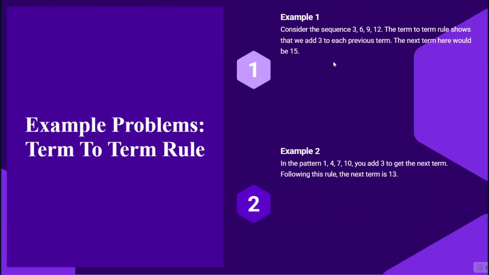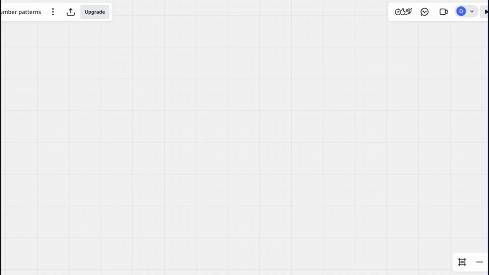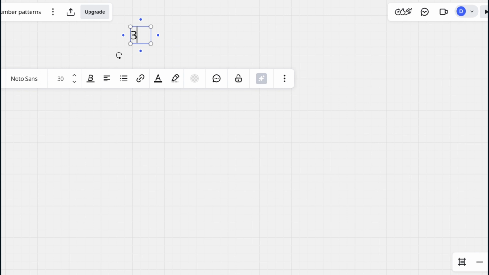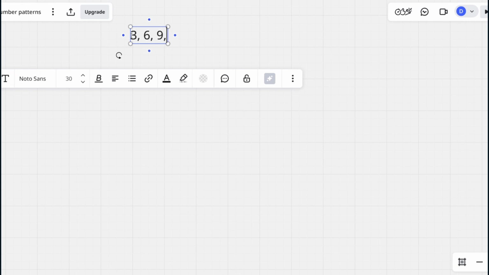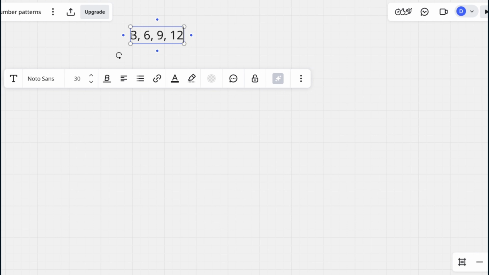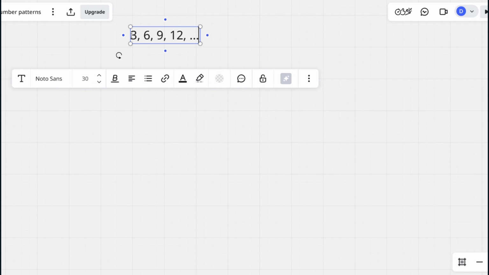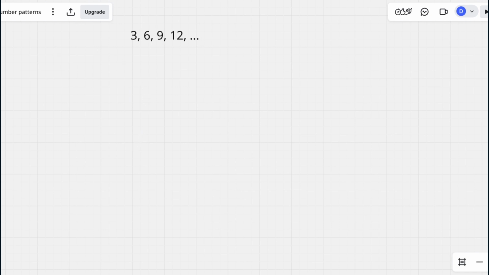For an example, we can consider the sequence 3, 6, 9, 12. Let's talk about that. Now if we go through this pattern, we can see that every time a new term is created, a 3 is added, right? A 3 is added.